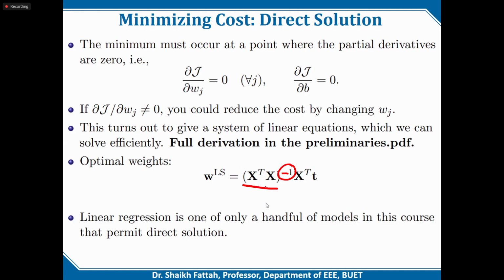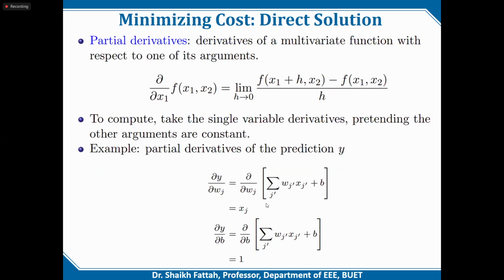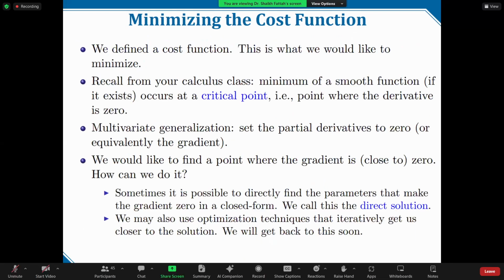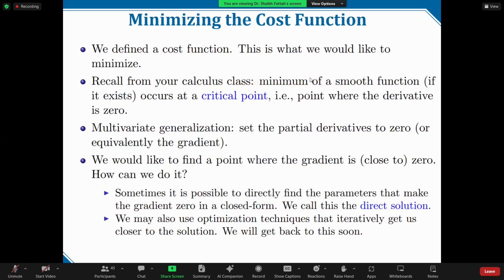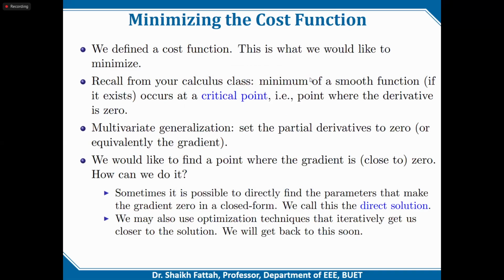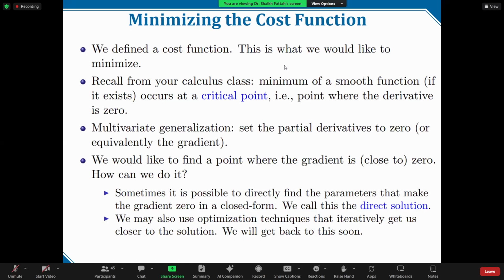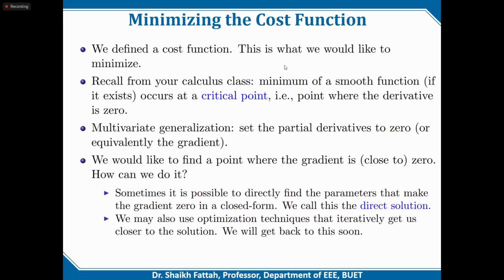So the question here, how to get the least square solution? I explain you how to get the solution of the least square method. If this is your question, that means somebody is asking you to describe a method of directly getting the weight vectors.